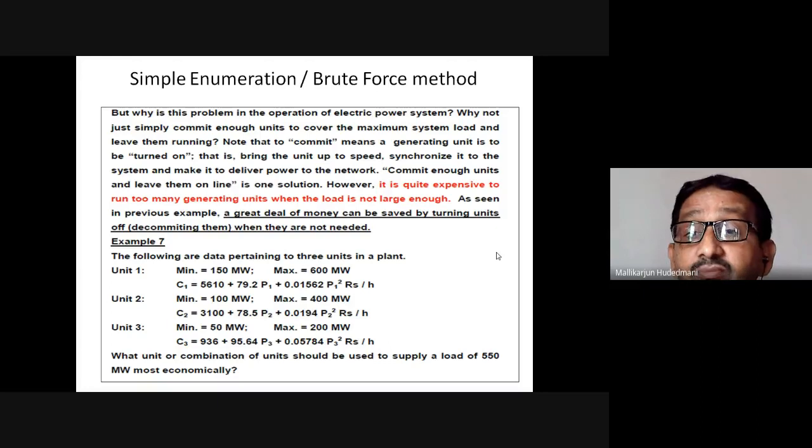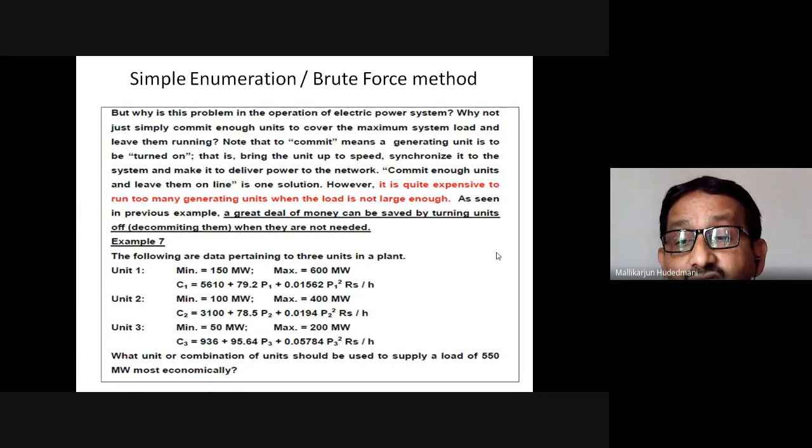The issue is something different. Earlier, economic scheduling itself was concerned. My target is to use all the three machines and see to it that PD of 550 is addressed. That is the scheduling. Now I am not doing that.